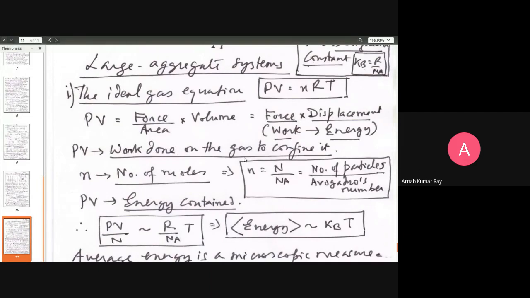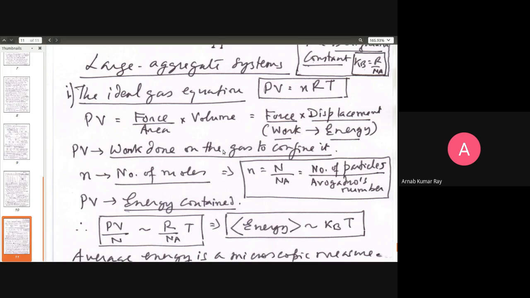Now, PV is equal to nRT. If you do work to confine it, work is a form of energy, and it is going into the gas. Just like if you force a car to stop, the car has got its own kinetic energy with which it would rather be moving forward, but you are working against the car.